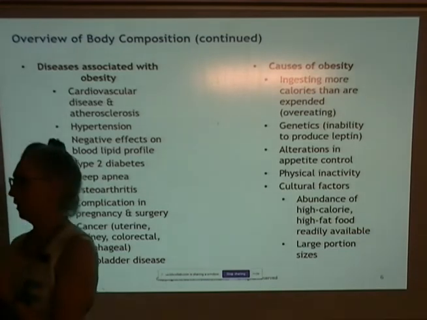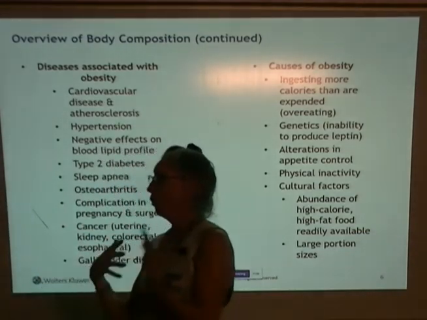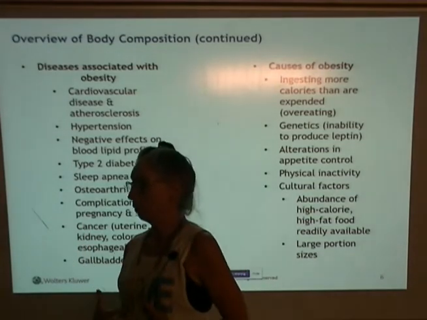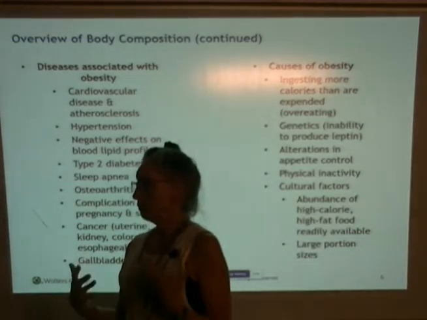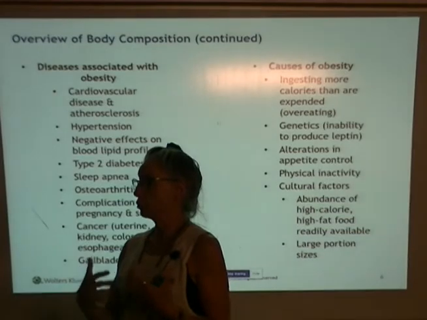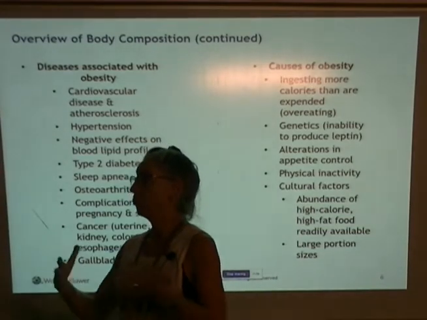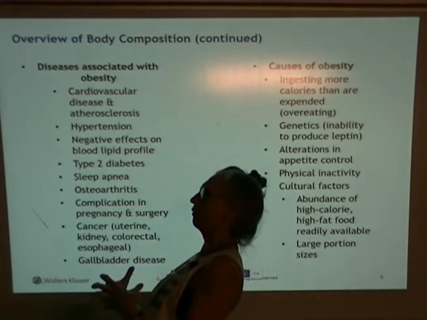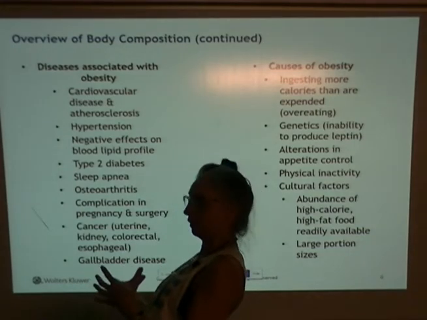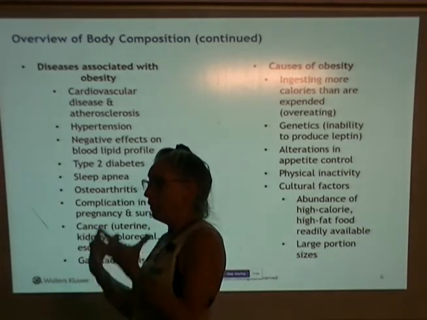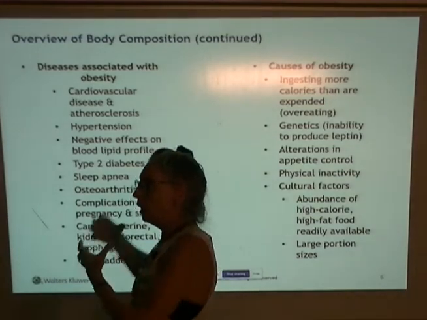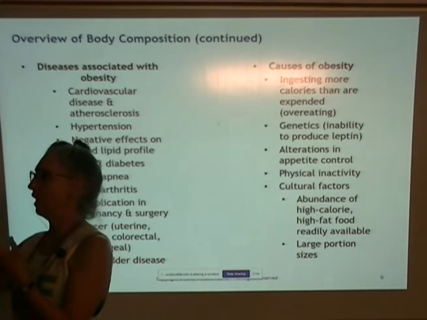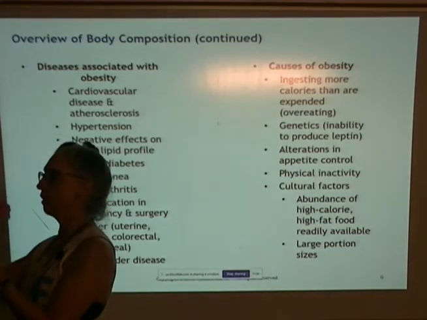So for you and I, right, when we eat a lot of food, we feel full up. Sometimes if we eat a lot of food too quickly, we feel more than full up, right? And we get Buddha belly and you're lying on the couch going, oh my God, I ate too much, right? But we feel full up. So what happens with some people is they don't ever get that feeling of satiation.